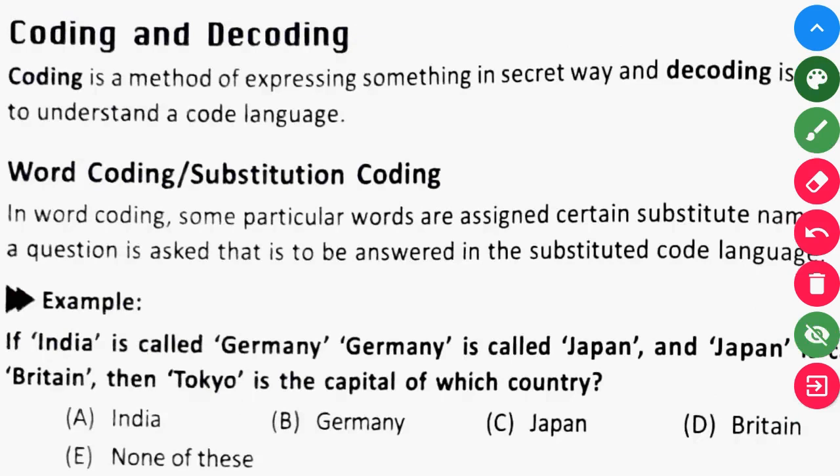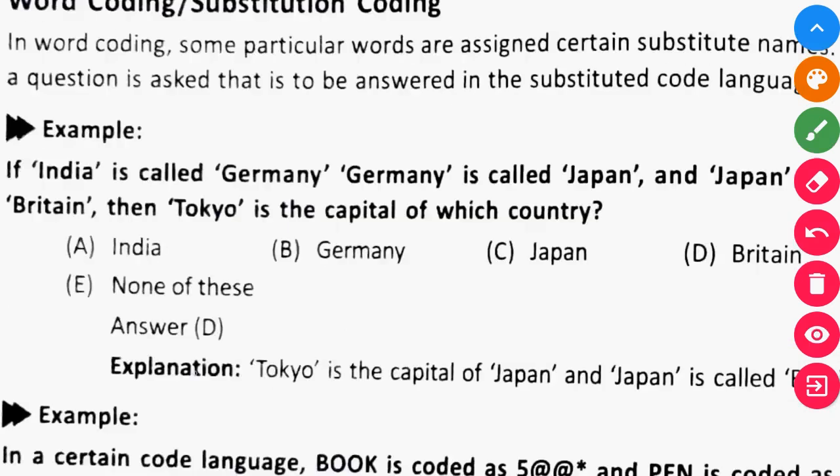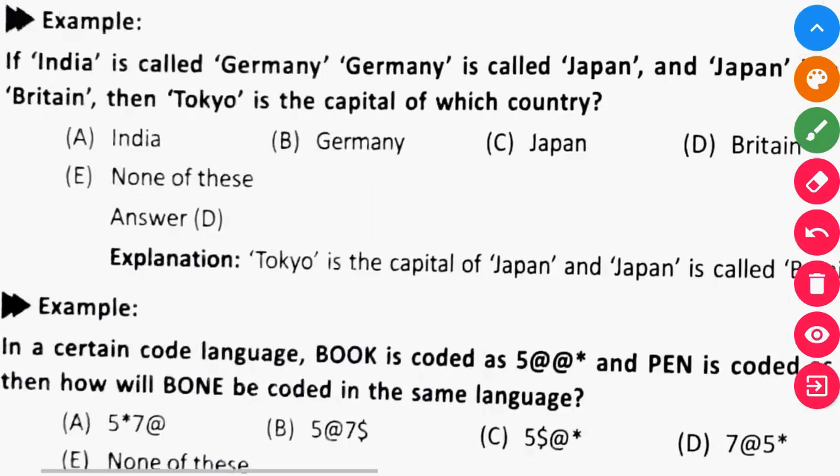Now we know, or we should know, Tokyo is the capital of Japan, but Japan has been given a code as Britain. So the answer is Britain, because Japan here is Britain and Tokyo is the capital of Japan.